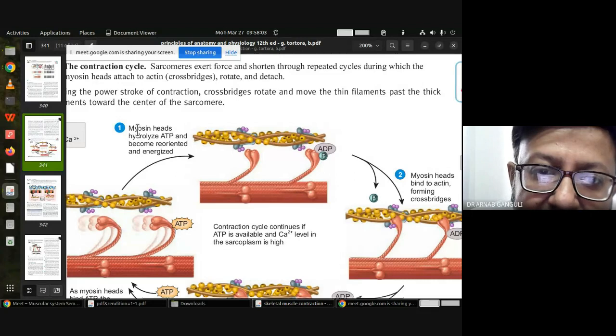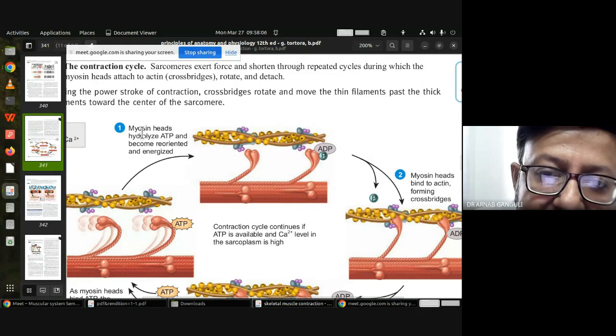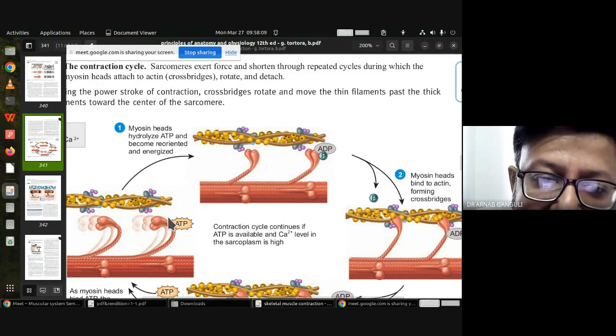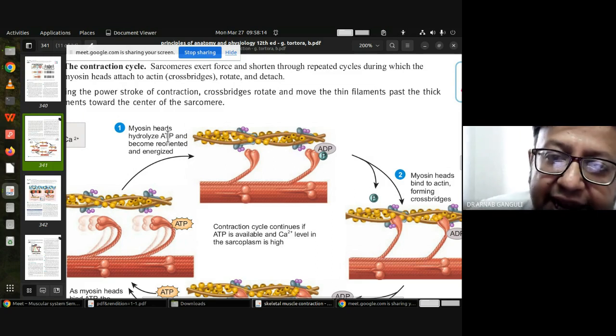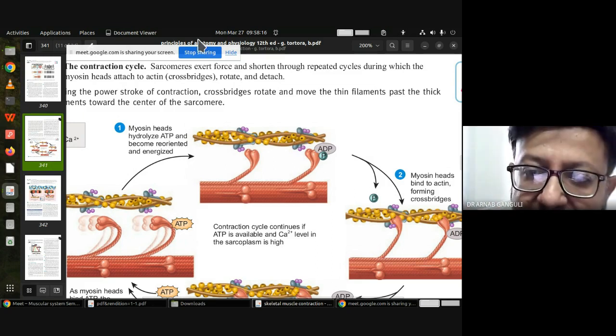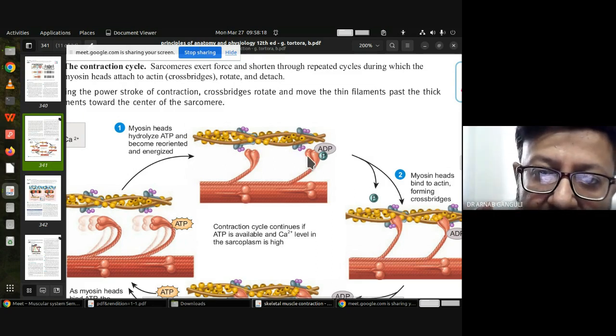So in the first step, the myosin head hydrolyzes ATP. The ATP molecule binds over here, and with the energy from this hydrolysis, ATP becomes ADP plus phosphate.